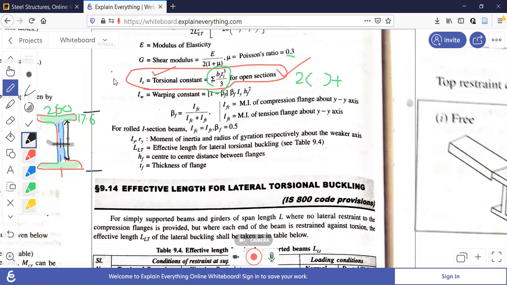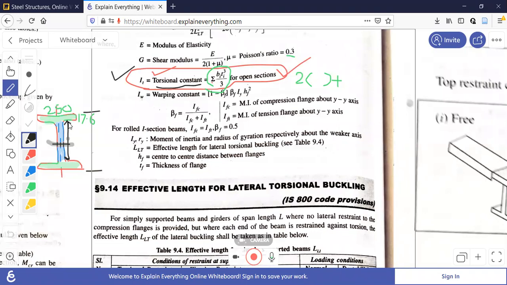I'm trying to tell you the IT calculation here, which is summation BTQ by 3 for open sections like I sections. So BTQ by 3, what I have done, you observe here. Thickness is 17.6. Here also, in this case also, this is how the torsional constant is calculated.